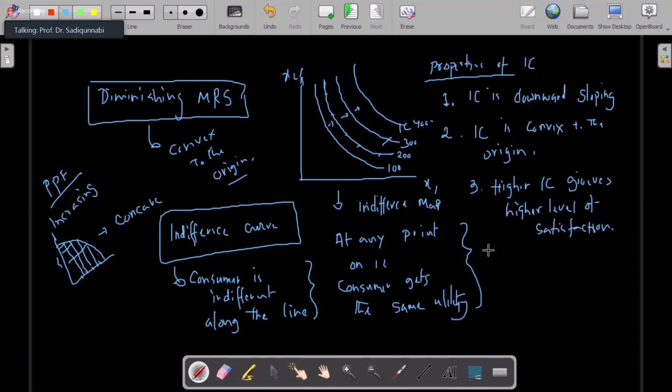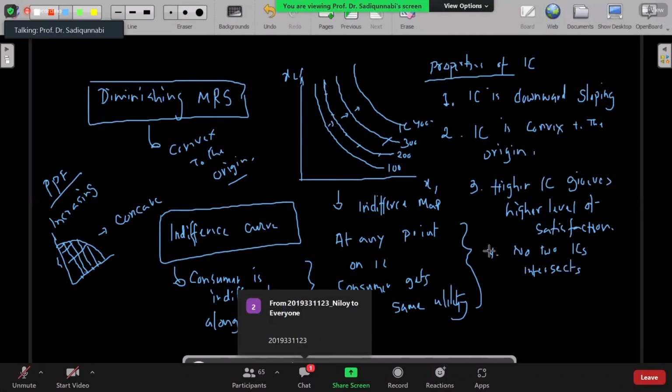The fourth property is that no two ICs intersect. In the next class, we'll prove why no two ICs intersect. That means the IC curves cannot be like this. If I draw an IC map, we cannot draw it in this way.